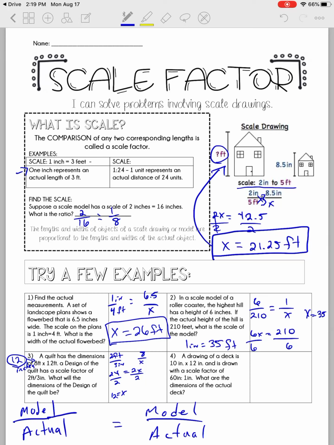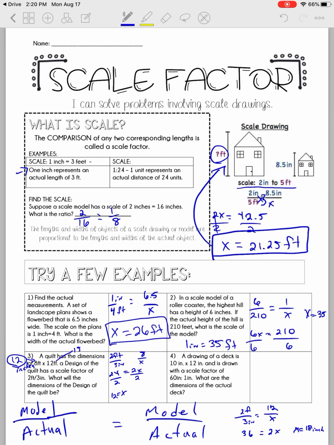Okay? Now, let's do the same thing for 12. Now you have, I'm running out of room here, ain't I? We're going to have 2 feet over 3 inches is equal to 12 over x. And again, cross, multiply, and divide. 3 times 12 is 36. 2 times x is 2x. 36 divided by 2 gives you 18.